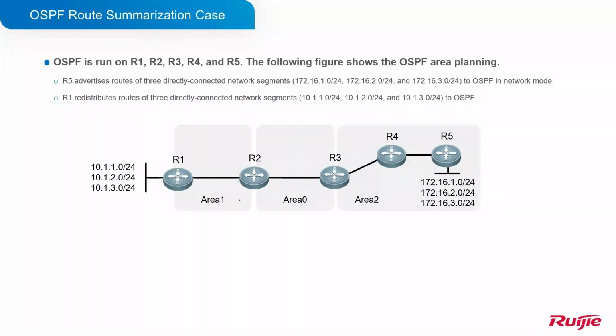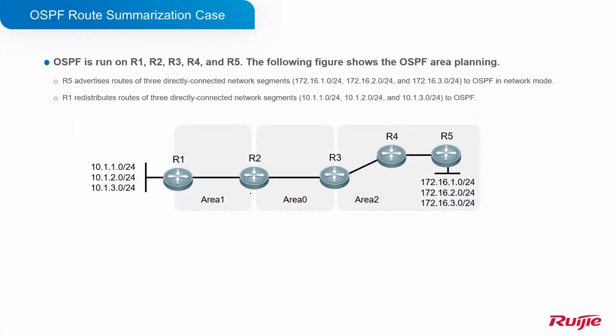For the R1 device and the R5 device, we have so many detailed entries in our routing tables. If we advertise this detailed information into the OSPF domain, every router will learn it, and every router occupies memory to store it.